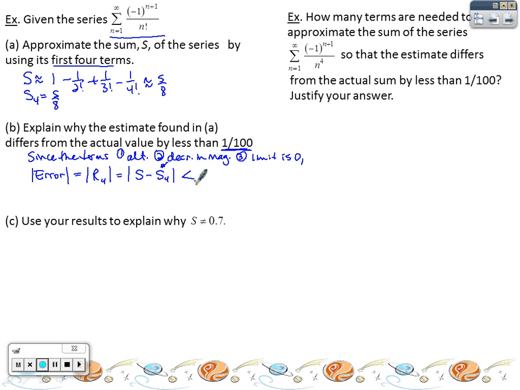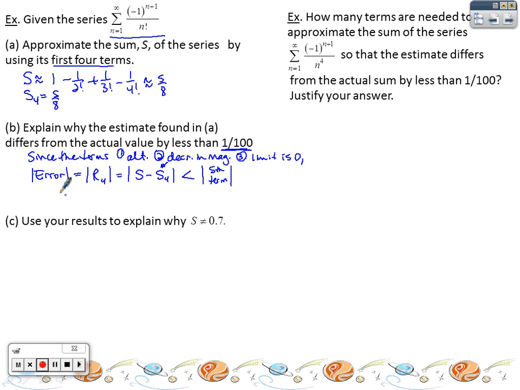And in this particular example, the first truncated term is the 5th term. So right now I'm just writing it symbolically. We're going to put numbers with it in just a moment because I want us to understand conceptually what we're doing. We're saying that our error, absolute value of the error, is going to be less than the absolute value of the 5th term. So now let's put some numbers with it.